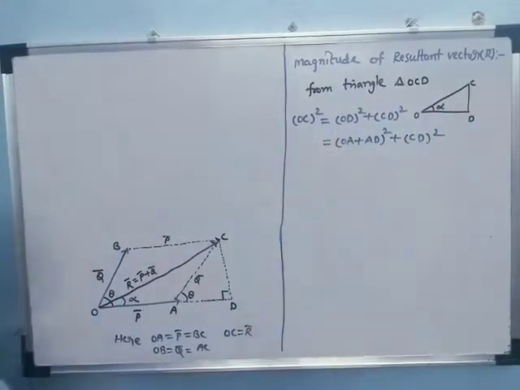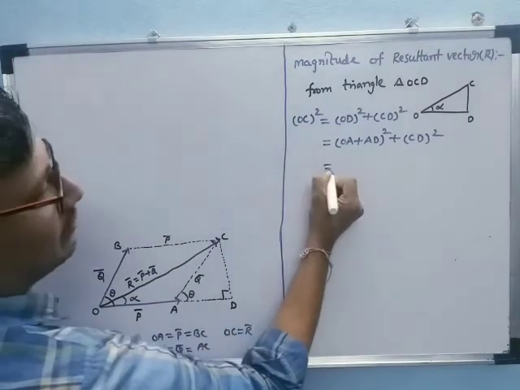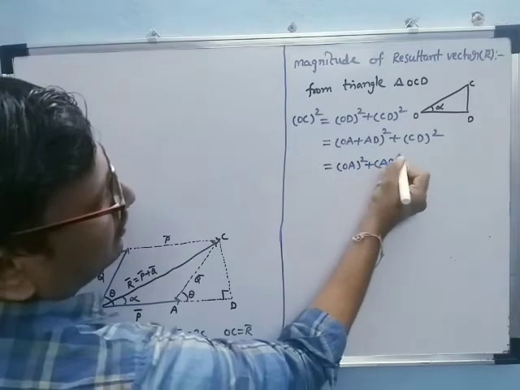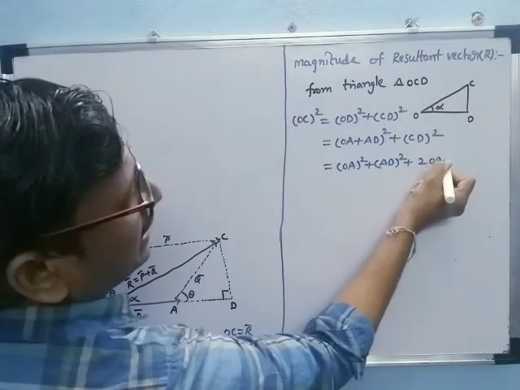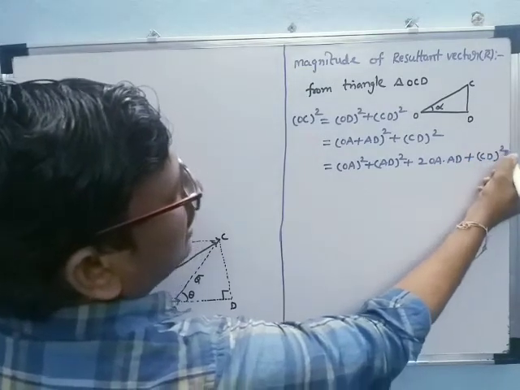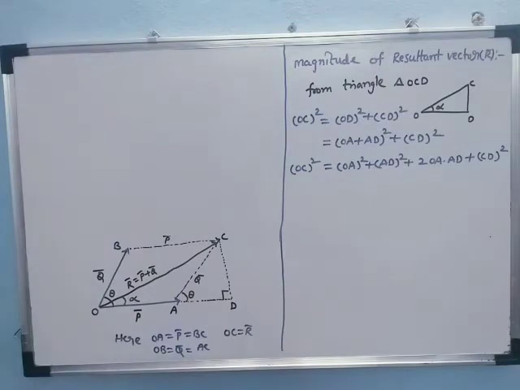This is equal to OD square. It is just like A plus B whole square, which we can expand as A square plus B square plus 2AB. The remaining term, CD whole square, is added to get OC whole square. Now substitute the values.